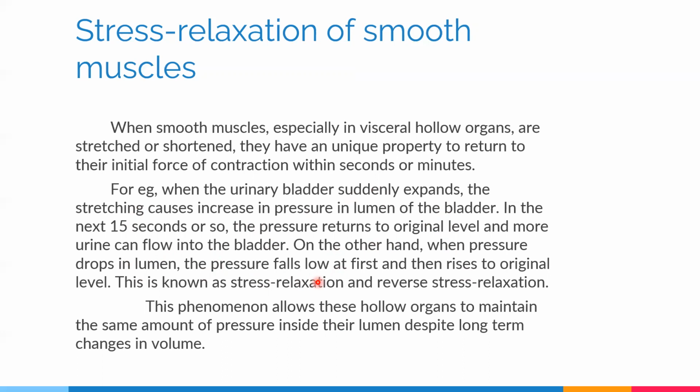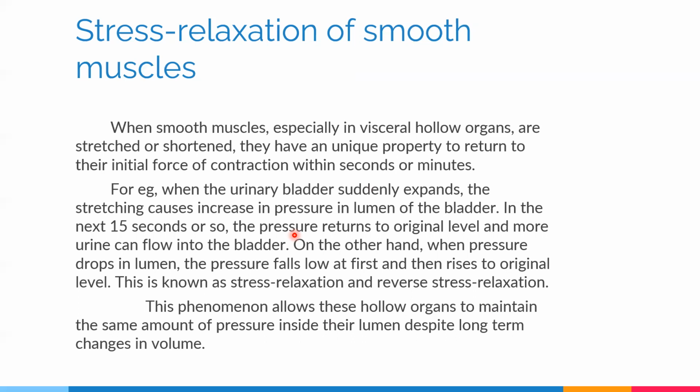This is known as stress relaxation and reverse stress relaxation, which means that if the smooth muscle is stretched or relaxed, after a while the lumen of the smooth muscle will retain its original pressure without any further change in volume.